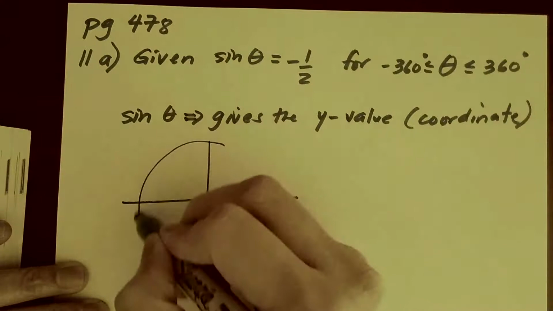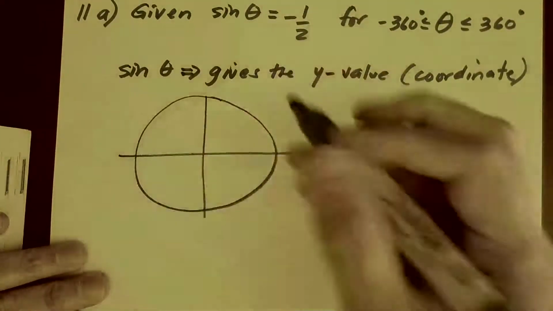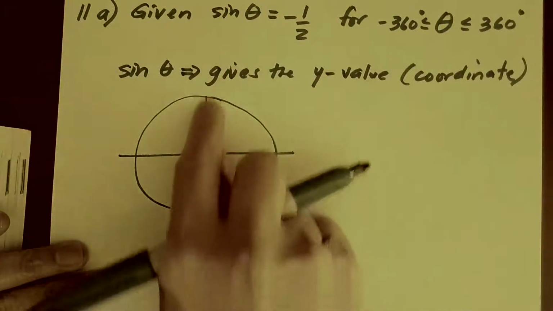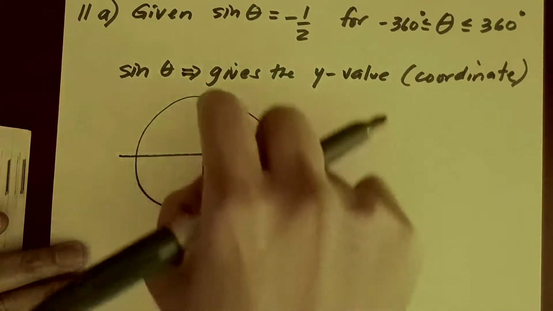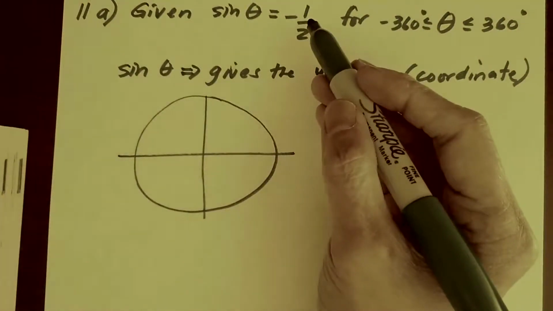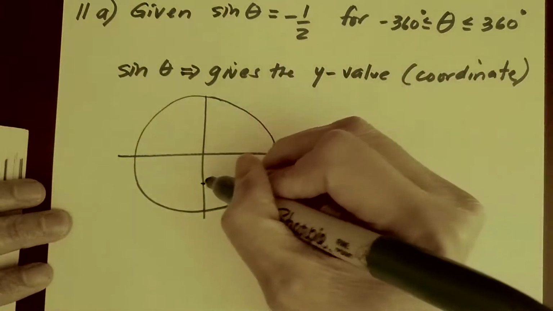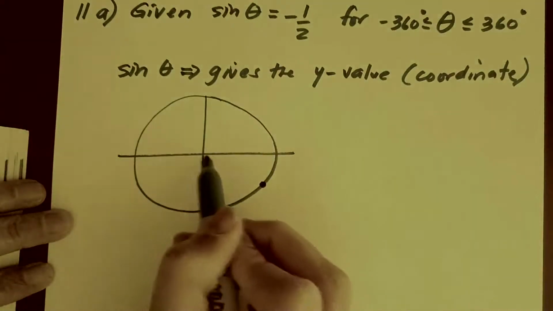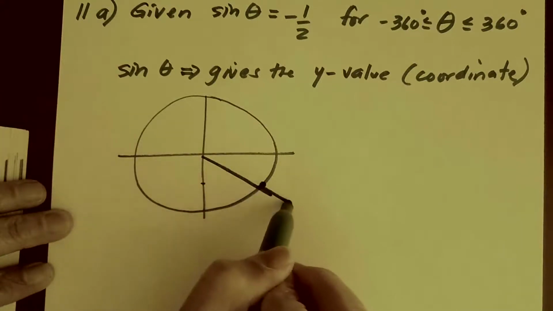If this is the unit circle, unit circle means everything in here is 1 unit. The radius of the circle is 1 unit. So this is 1 unit, this is 1 unit, and so on. So where is y equal to -1/2? -1/2 would be here. So the point is right there.